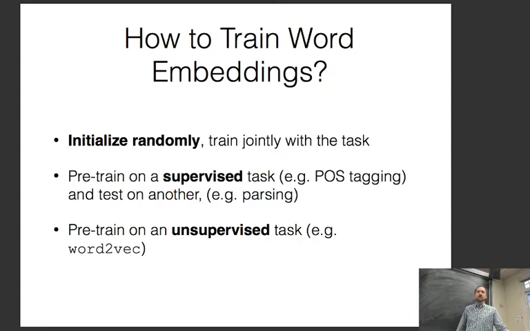Does it necessarily have to be a related task, if it's supervised? So the question is, does it have to be a related task? If it was completely unrelated, then probably it wouldn't help. But I think in NLP, there are very few tasks that are completely unrelated, where literally there's absolutely no shared information between them.